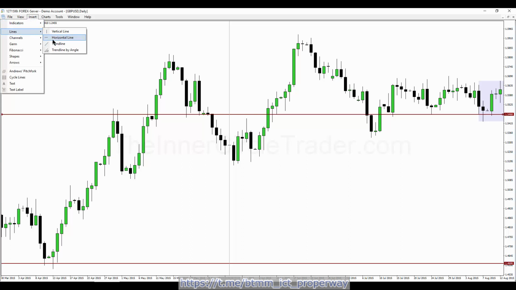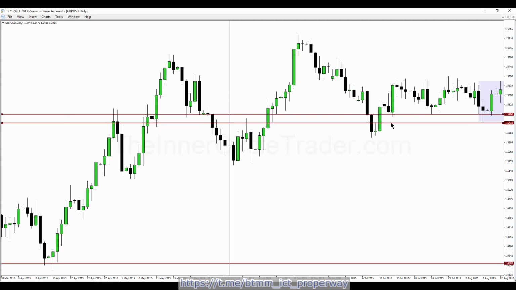Price came down and respected that range. Okay, right in here, didn't go any further than that. And then on this day here, it's August 10th, we traded through the down candle, making this a bullish order block right in here.